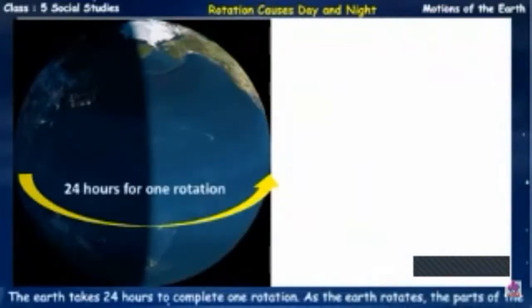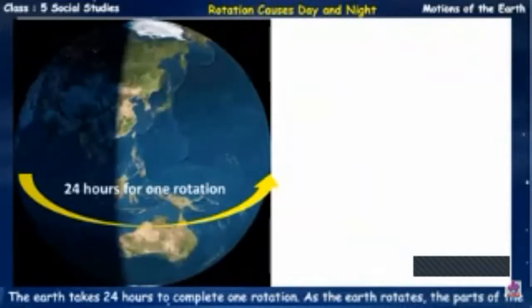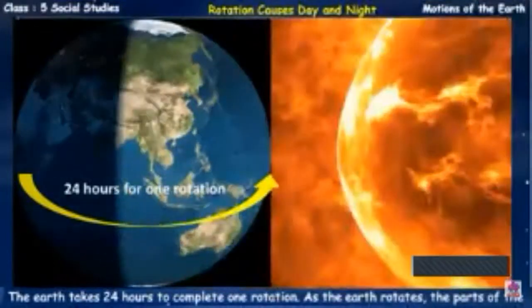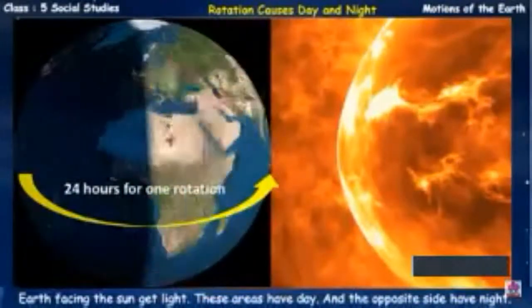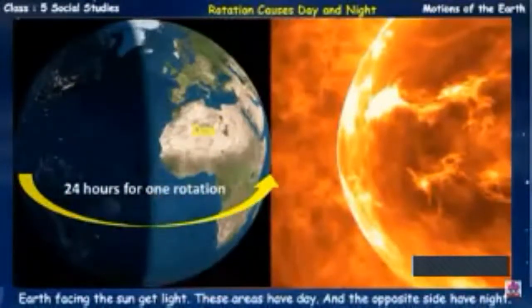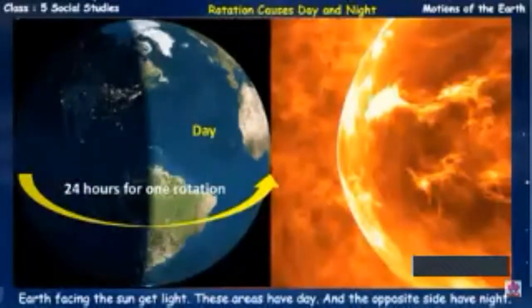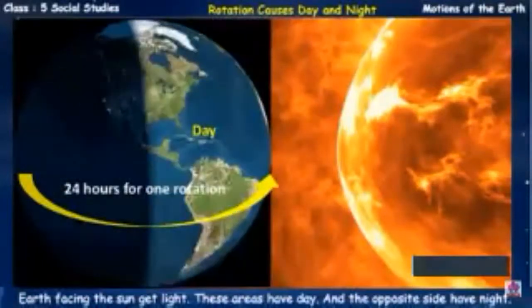Rotation causes day and night. The Earth takes 24 hours to complete one rotation. As the Earth rotates, the parts of the Earth facing the sun get light. These areas have day. The opposite side of the Earth, which does not get the sun's light, has night.